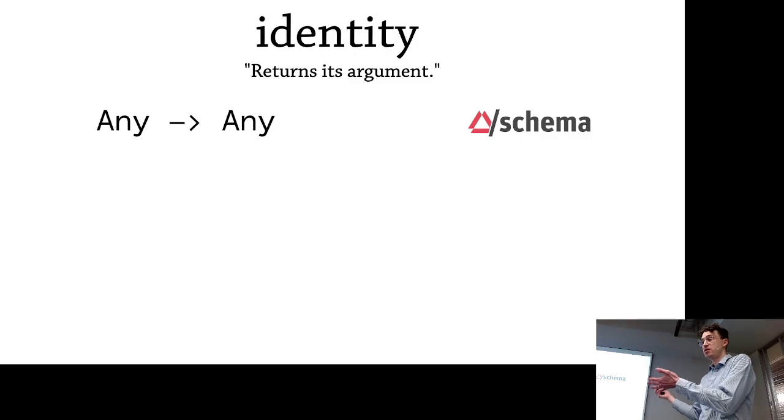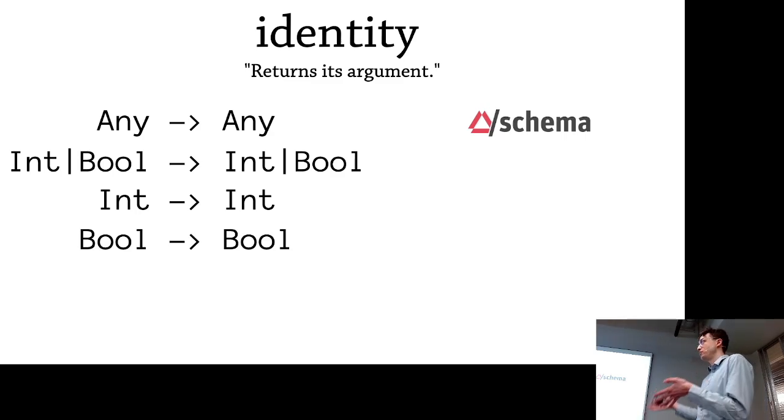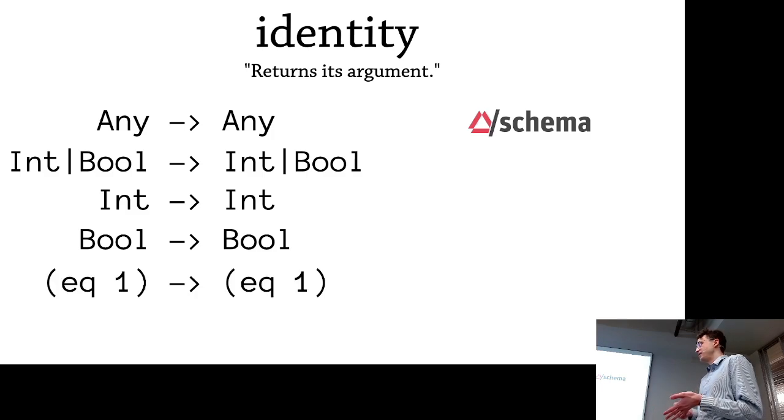This is a good, maybe not sufficient, spec. So if you give it an int or a bool, you're going to get an int or a bool back. Fair. Same with ints. If you give it an int, you get an int back. If you give it a bool, you get a bool back. And here's the kicker. If you give it one, you get one back.